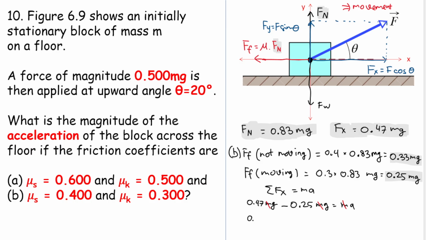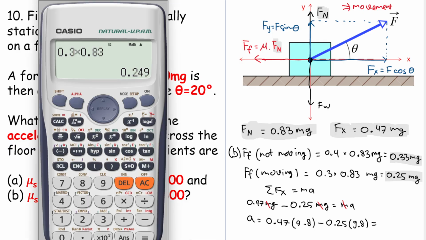And so we can just calculate that, right? So I'll have the acceleration is 0.47 multiplied by g, which is 9.8, and then minus 0.25, also multiplied by g, 9.8. All we need to do is plug this into the calculator. So I have 0.47 times 9.8, and then minus 0.25 times 9.8.